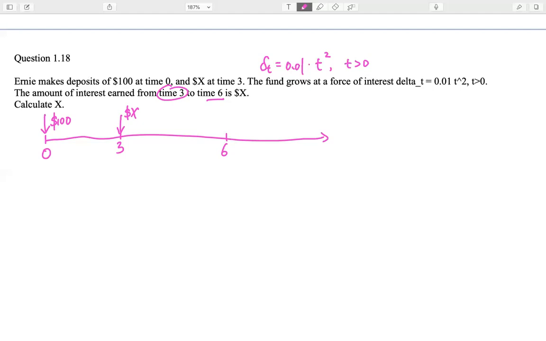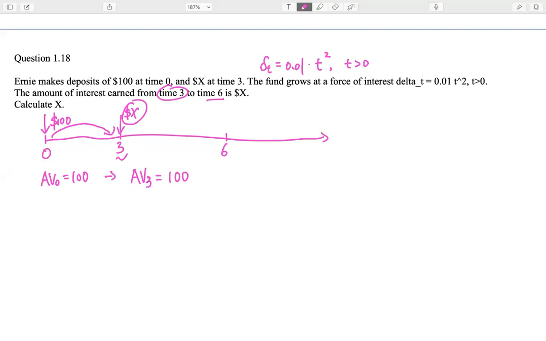Since here we have 2 deposits, the AV will have a jump, a sudden increase, at time 3, right? So let's do this. First we have AV0 equals 100. So we look at the first 3 years before the second deposit. In that case, my only contribution is from the first deposit.